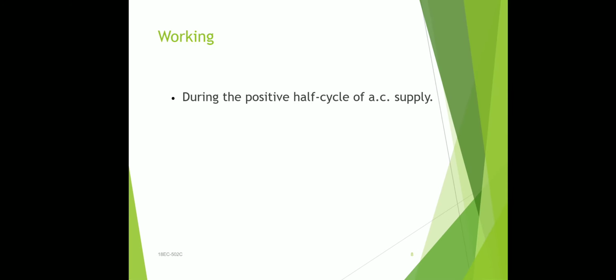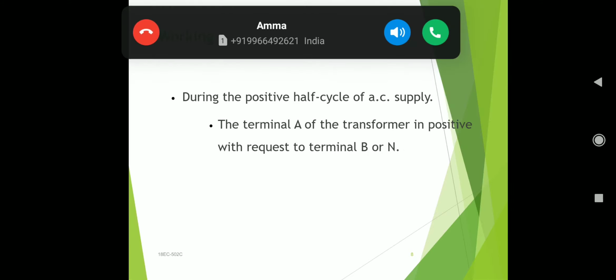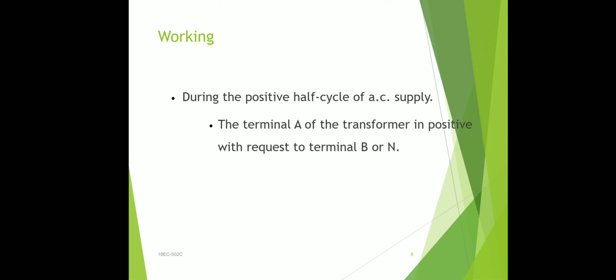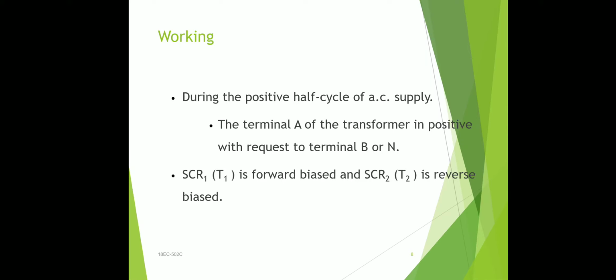Working of the circuit. See, during the positive half cycle of the AC supply, during the positive half cycle of the input, what is happening? The terminal A of the transformer is positive with respect to terminal B. T1 is forward biased and T2 is reverse biased.